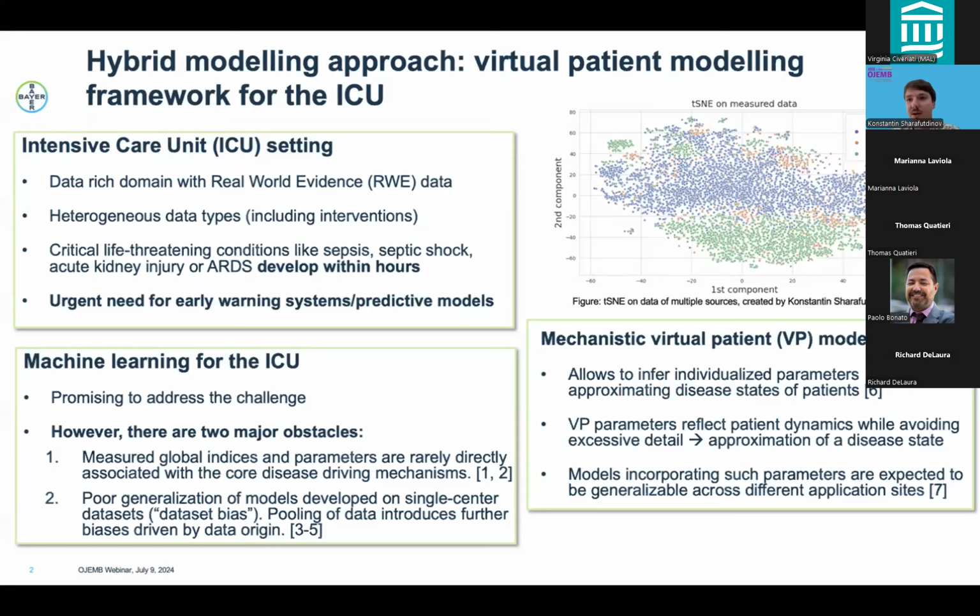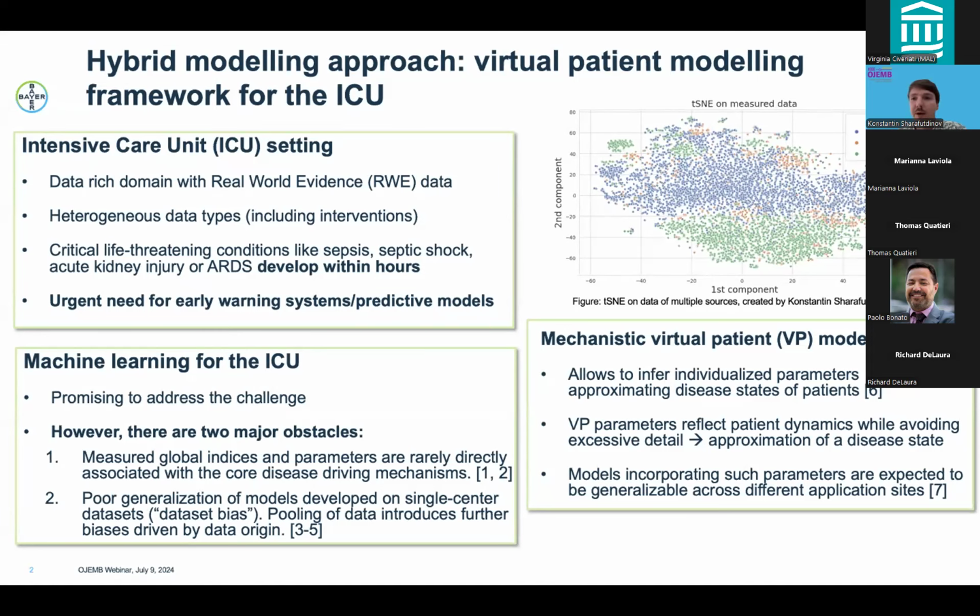So what is the intensive care unit setting, for those who are familiar with it? It's a really data heavy and data intensive domain of medicine, of care.